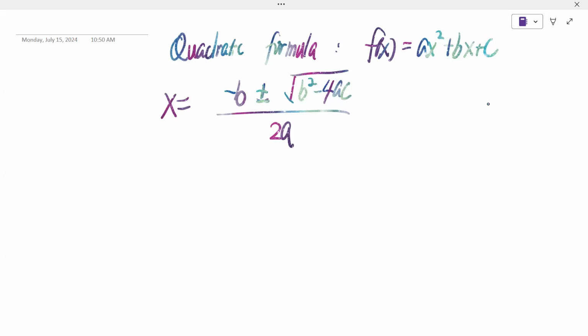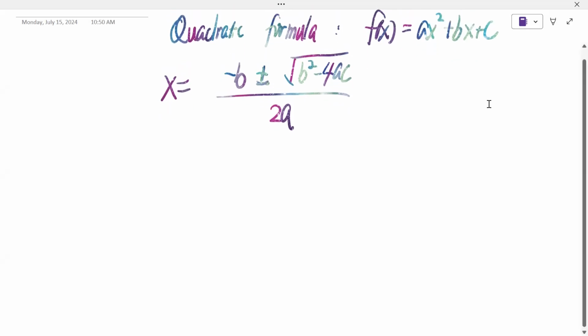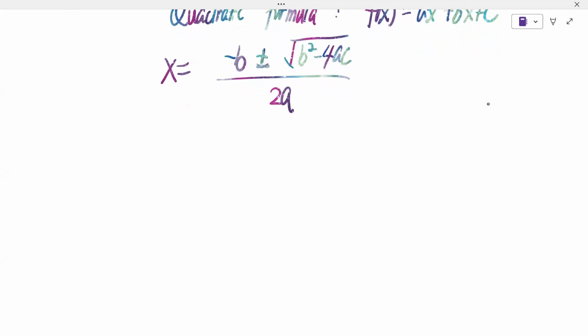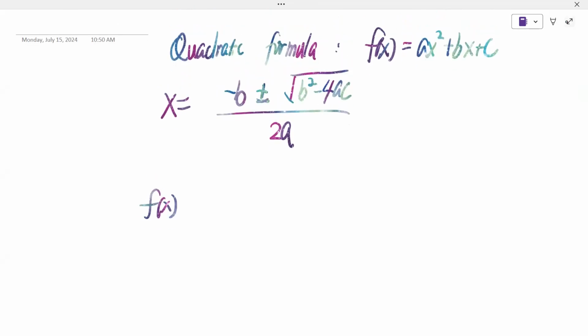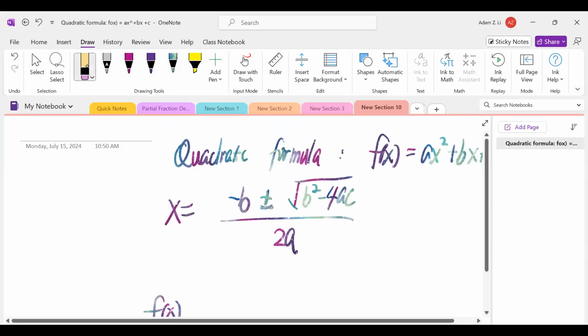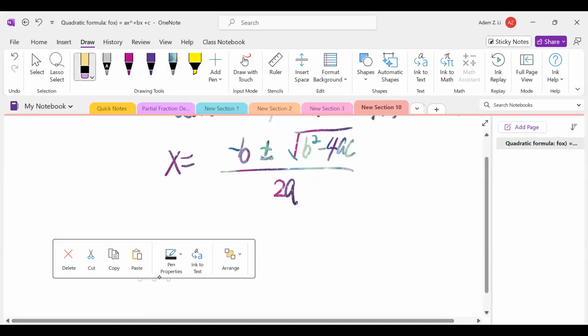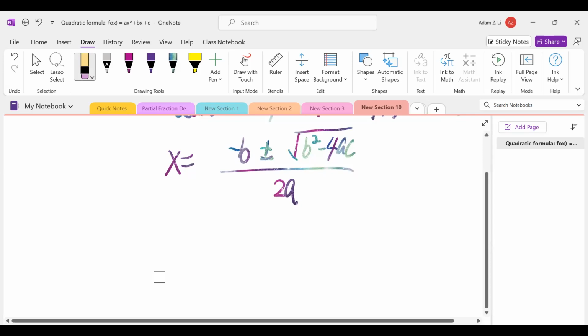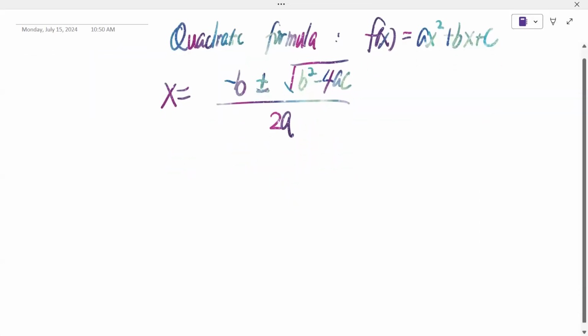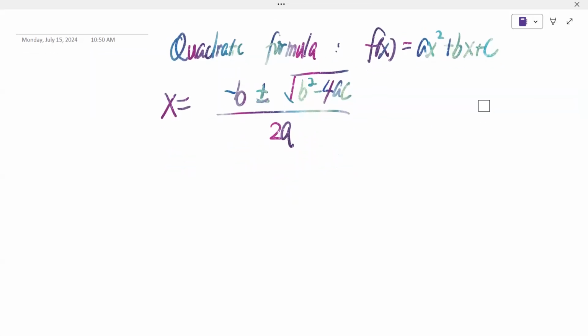Now I'm going to show you how people derive this quadratic formula from scratch. So basically we start with completing the square. In order to solve for this, we set this whole thing equal to 0. So I'm going to erase this. Now we set f of x equal to 0.